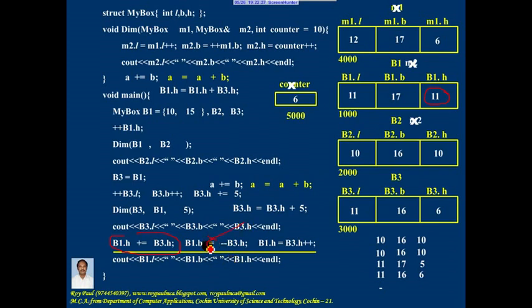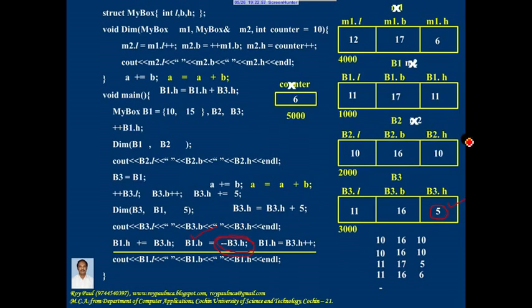Now this is executed. Now the control goes to the next line. Here multiple operators are there, assignment and prefix. So what's the rule of prefix? Change and use. So first minus minus b3.h, this becomes 5. And the changed quantity, which is nothing but 5, should be assigned to b1.b.